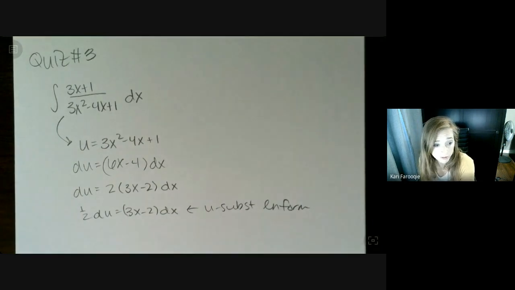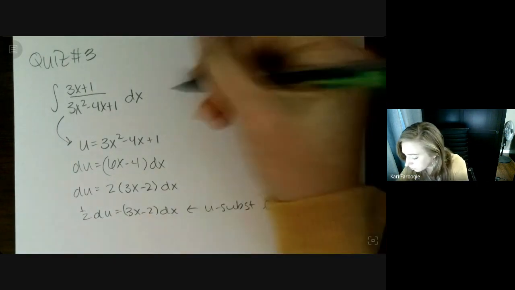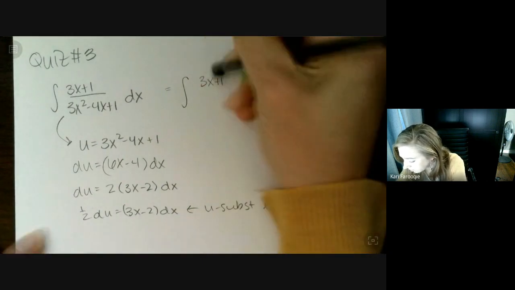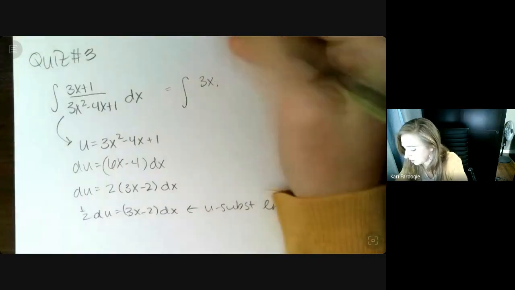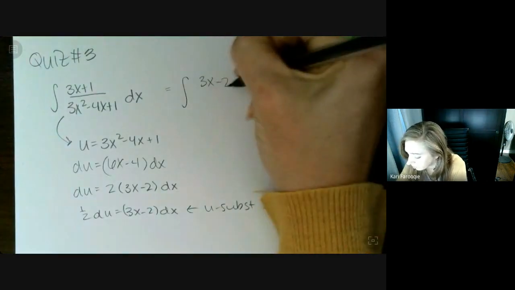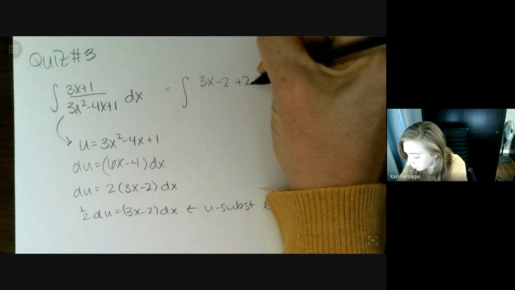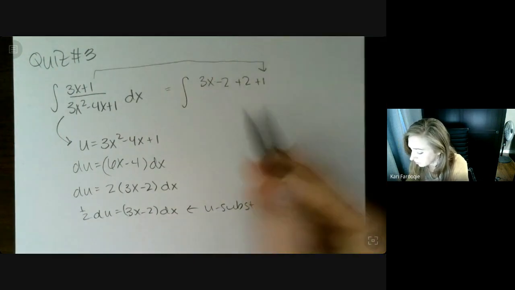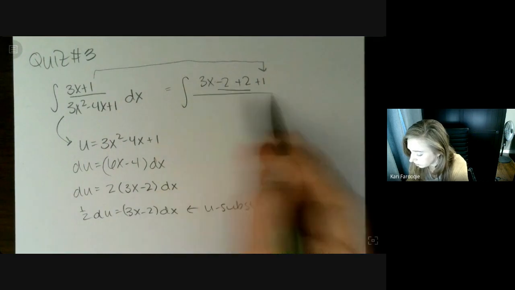But you don't have that. You have something really close. So what you're going to do, if you want to create this, you can. You're just going to take your integral and rewrite it by forcing it to be 3x minus 2. But if you subtract 2, you also have to add 2, and you originally had that 1 there. So this is what's going to change.